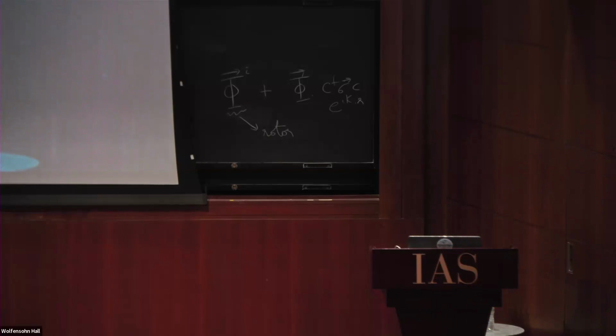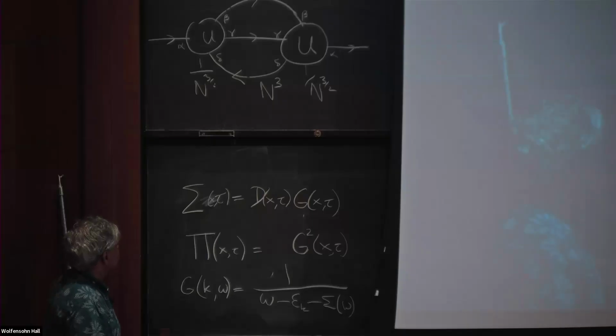Okay, you can sit down and solve these equations. Now, these are much more complicated equations because the Green's function depends on momentum. You have to take a Fourier transform both in space and time. But the self-energy is only a function of frequency. So that simplifies things quite a bit.